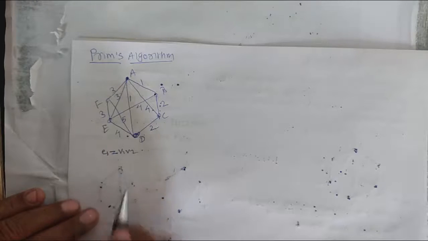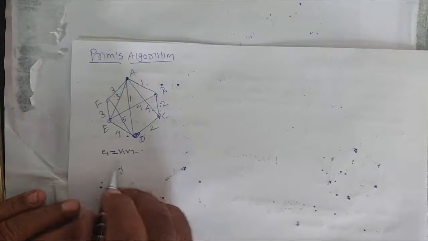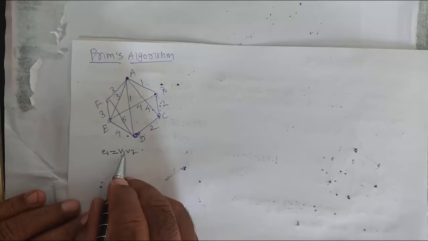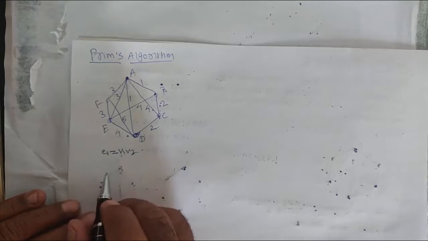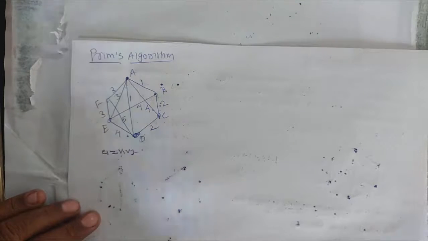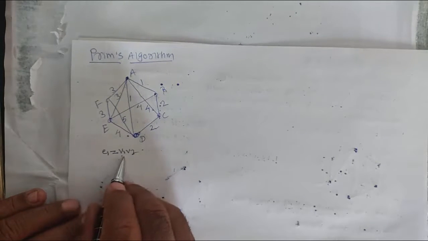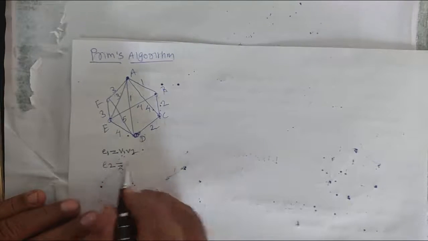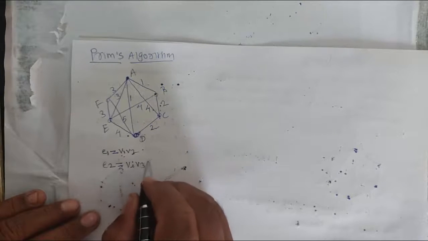Now next choose an edge of smallest weight in G which is incident to either V1 or V2, but with the other end point neither of these. That means the other end is in neither of these.